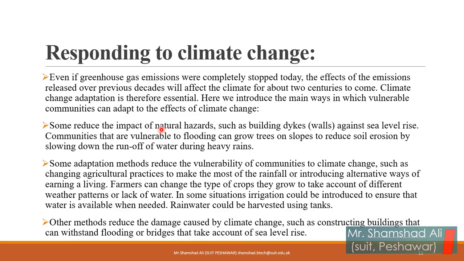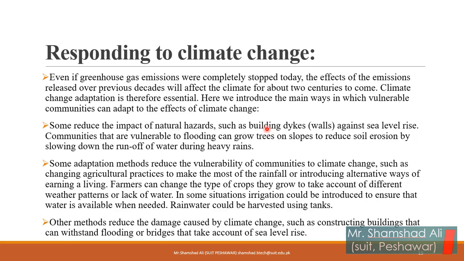Some reduce the impact of natural hazards, such as building dikes and walls against sea level rise. Communities that are vulnerable to flooding can grow trees on slopes to reduce soil erosion by slowing down the runoff of the water during heavy rains.